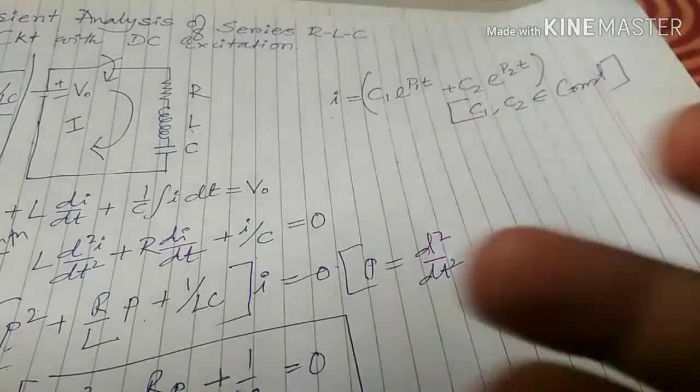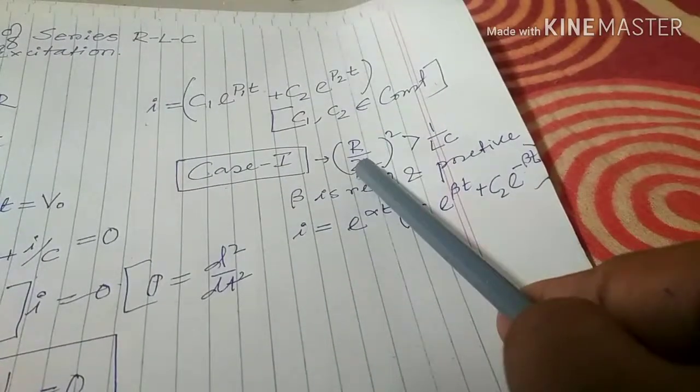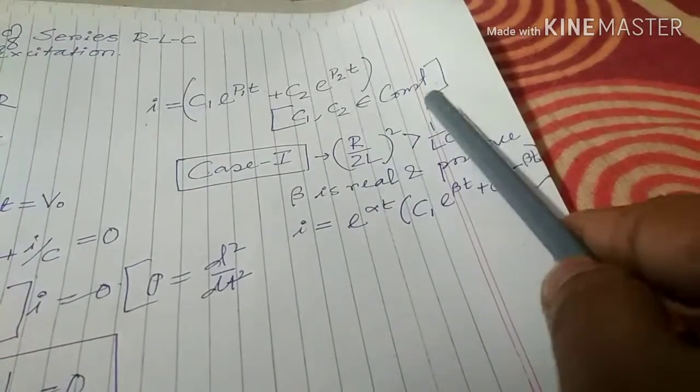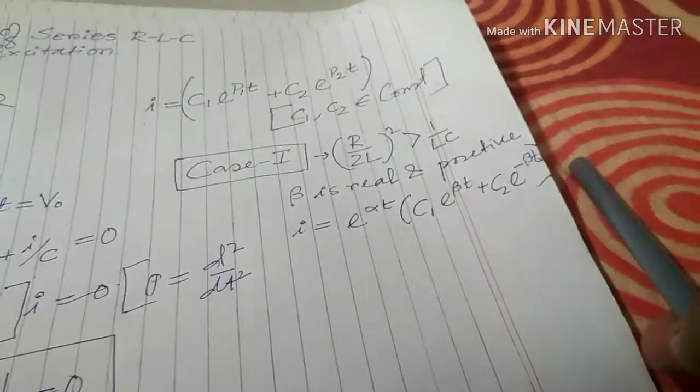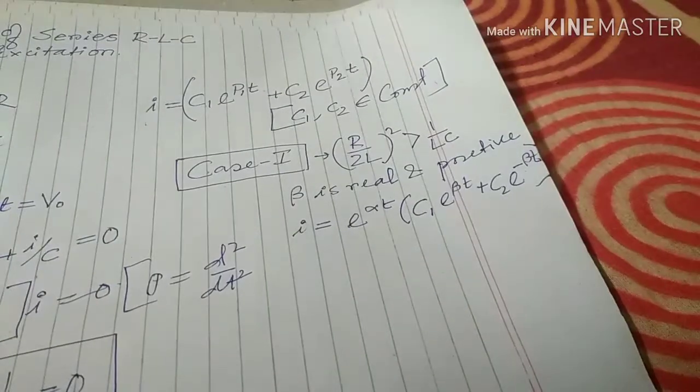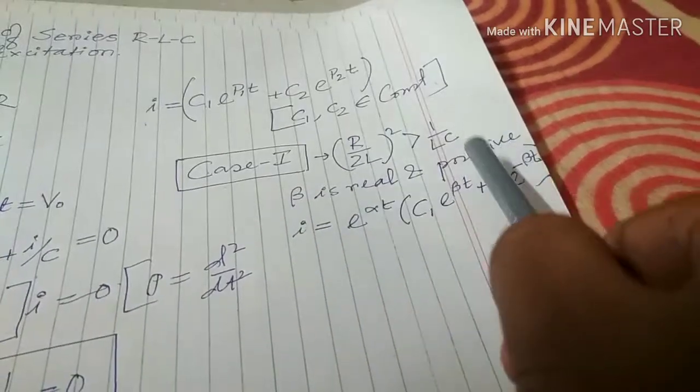In case 1, when (R by 2L) whole square is greater than 1 by LC, the discriminant is greater than 0, so beta is real and positive.